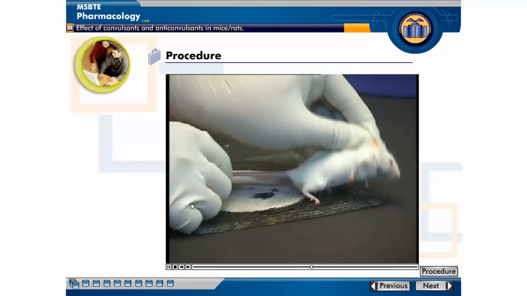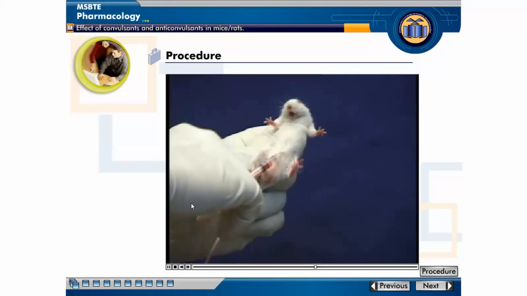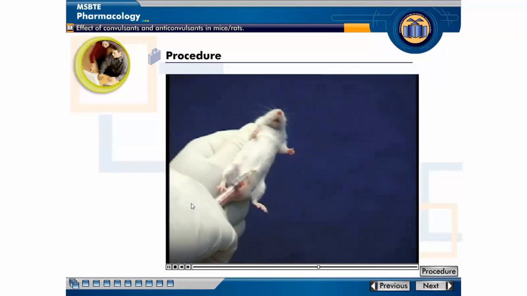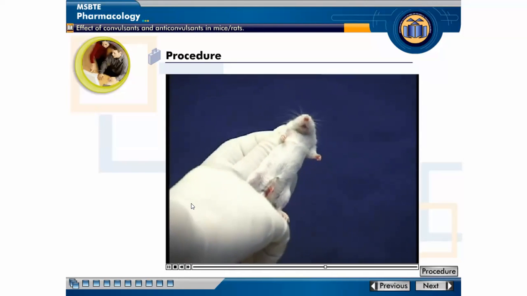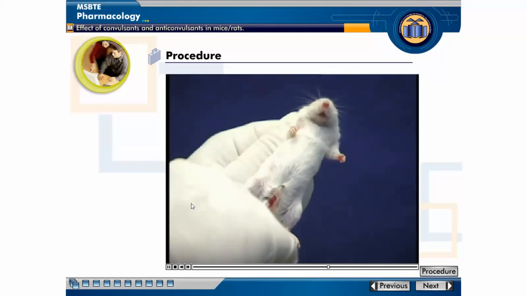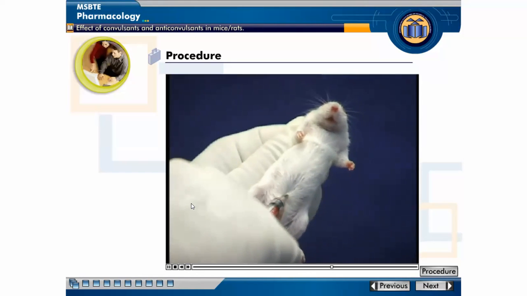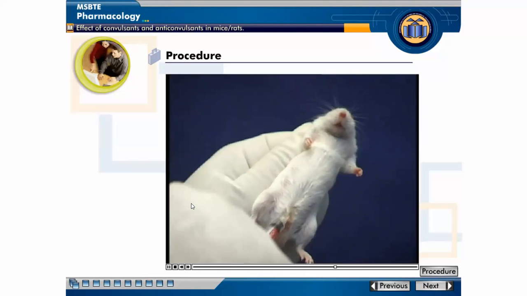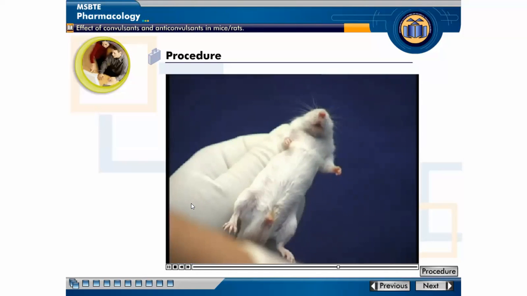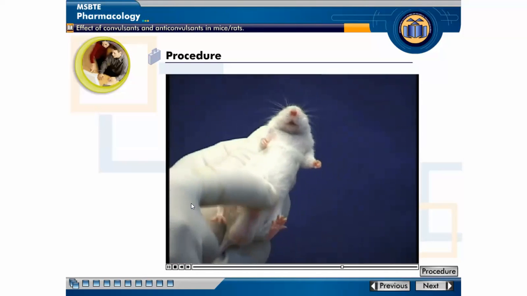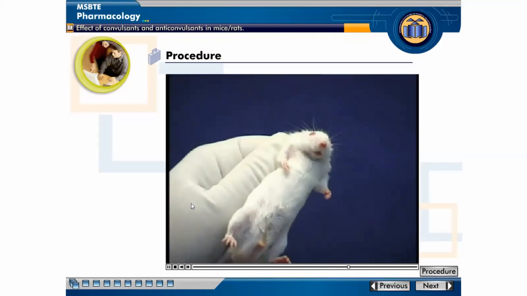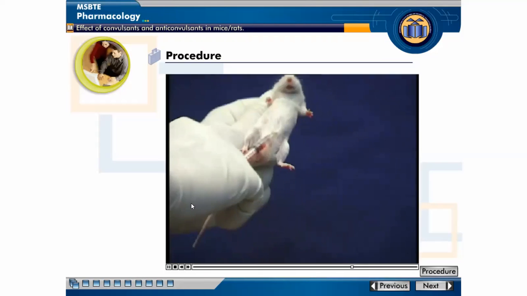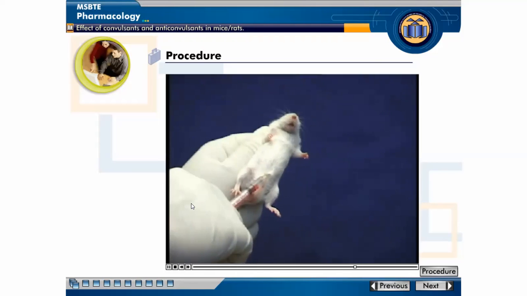Inject 0.2 ml of diazepam solution intraperitoneally to mice B. After half an hour, administer 0.1 ml of strychnine sulfate solution intraperitoneally to mice B and observe the onset and severity of convulsions.